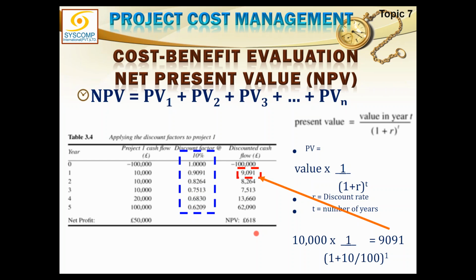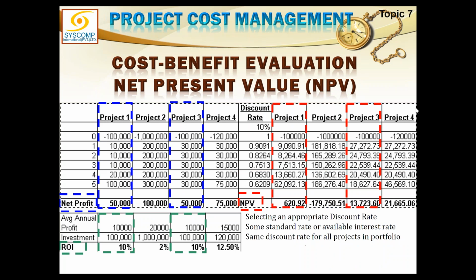And if I do this for all the 4 projects, the figures would be something like this. Project 1, 600 and say 20 or 18, whatever. These are more exact, 620.92. Project number 2, net present value is minus 179,750.1.